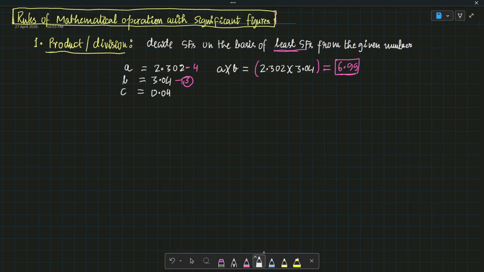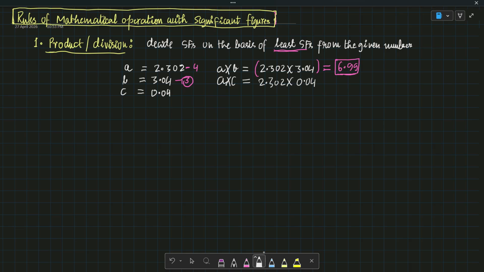Now if somebody asks what will be the product of a into c, you will do a similar exercise. 2.302 multiplied by 0.04.